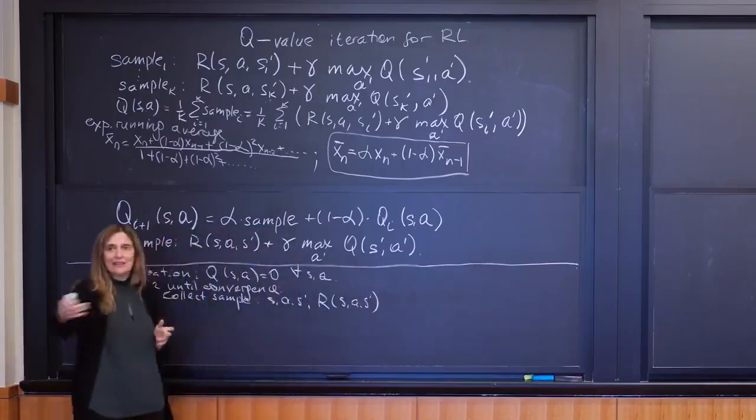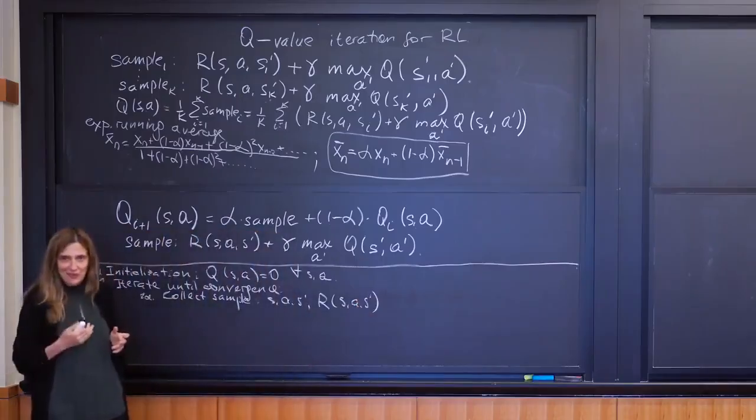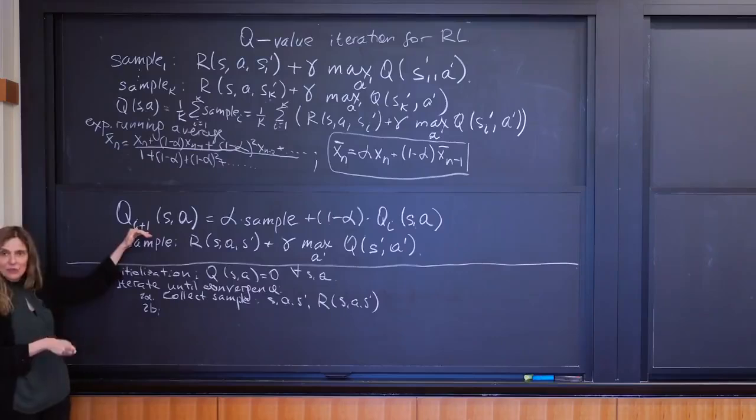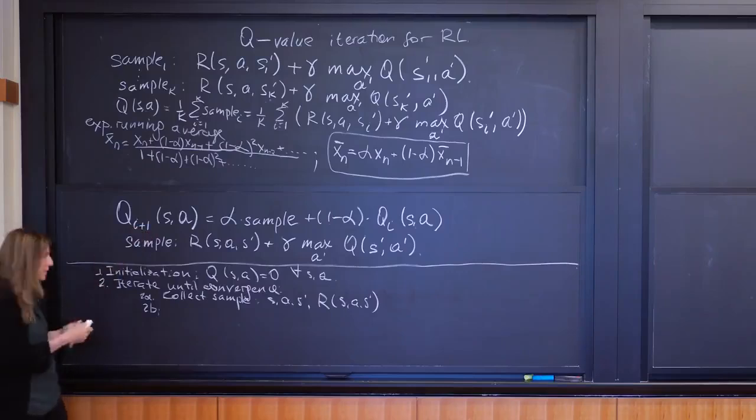So you actually acted in the world and collected all the information. And in step 2b, we will just do exactly that: we're going to update our Q values based on what you observed.